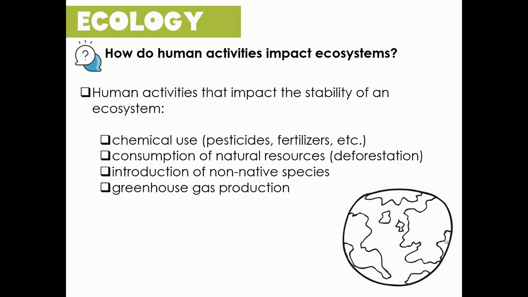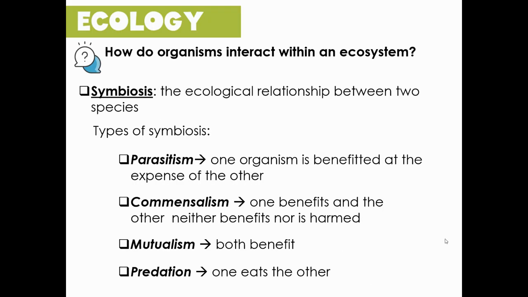And we talked about greenhouse gases and how the production of carbon dioxide is creating quite a problem. So this contributes to global warming. We also talked about the introduction of non-native species and how this could become invasive species. And invasive species that aren't native to a habitat can destroy the habitat. It can take resources away from the native species that belong in that ecosystem.